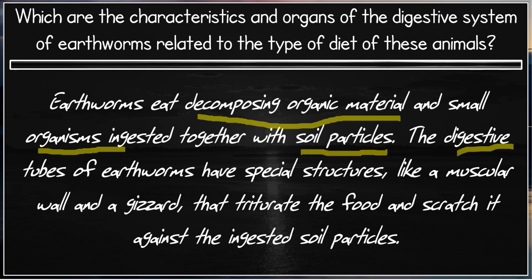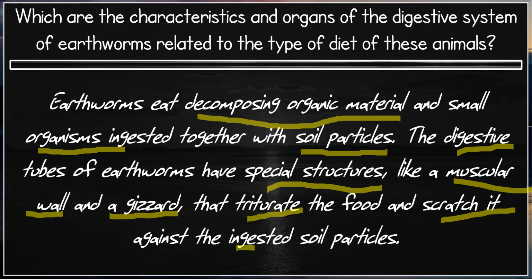The digestive tube of the earthworm has special structures like the muscular wall and a gizzard that triturate the food and scratch it against the ingested soil particles.